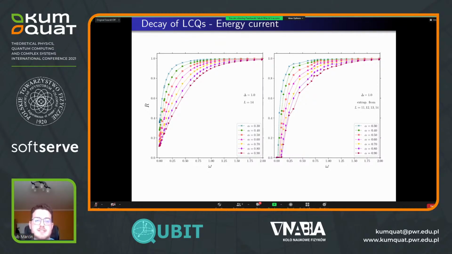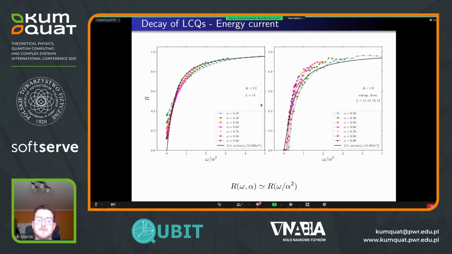It doesn't say much apart from the obvious thing that in case of stronger perturbations, our LCQ decays more quickly. However, what we can do is scale these plots by dividing the frequency by the square of the perturbation. And now these curves collapse into one. And moreover, this one curve can be very well approximated by the arctangent function.